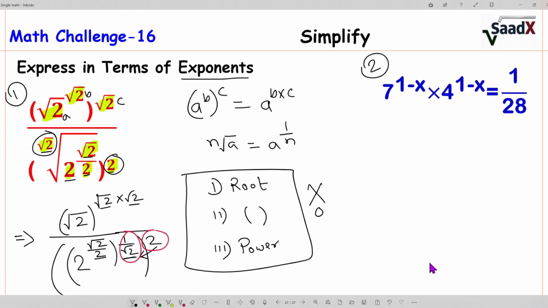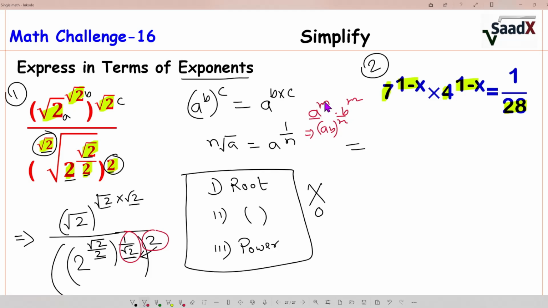Now we will try to solve another one. This one is also very interesting. 7 to the power 1 minus x times 4 to the power 1 minus x equals 1 by 28. So what can we do? Look, suppose a to the power m times b to the power m, we can write as ab to the power m, because this is multiplying.